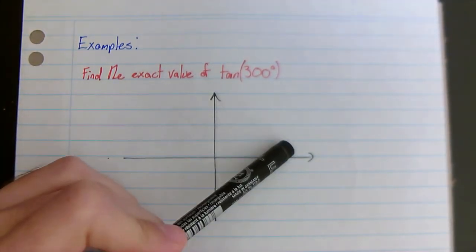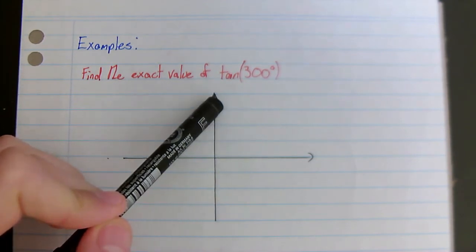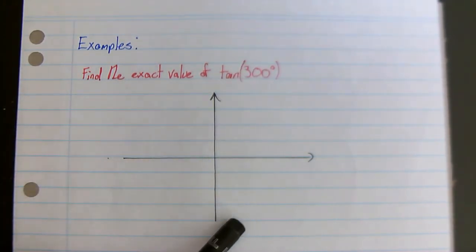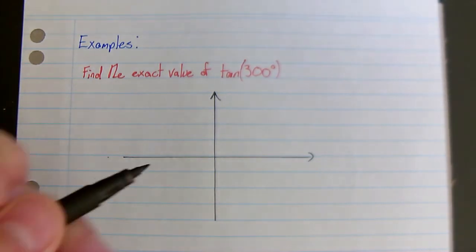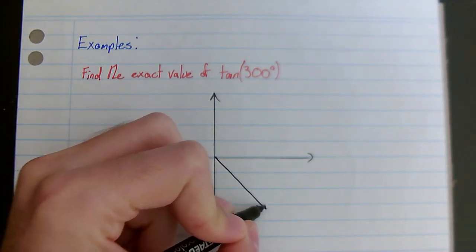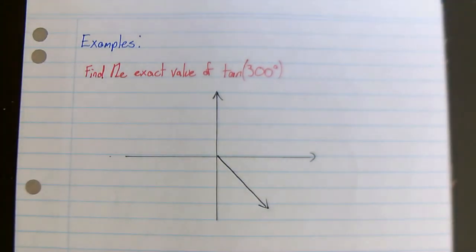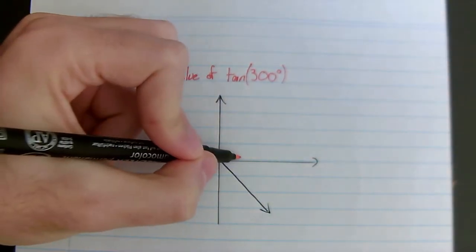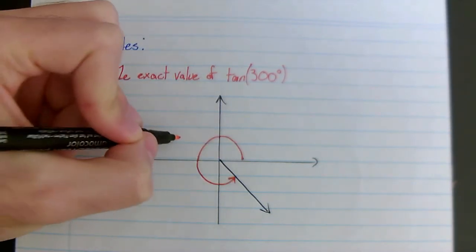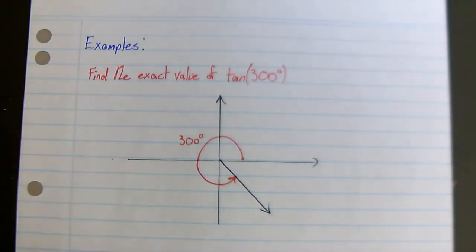So we go up, and 300 degrees lies between 270 and 360 degrees, meaning that it's in the fourth quadrant. So it's in the fourth quadrant here, where this angle here is 300 degrees.